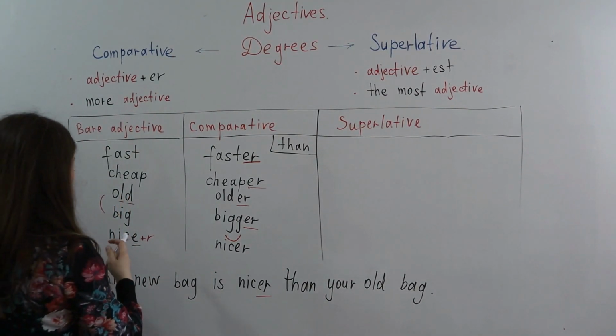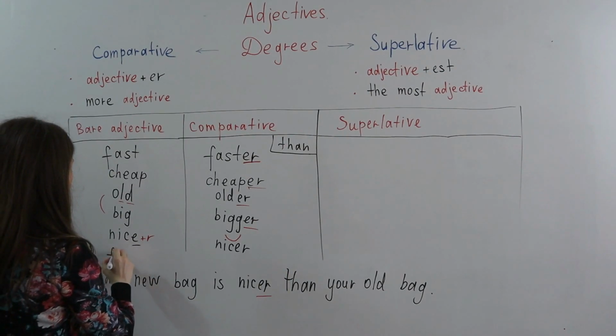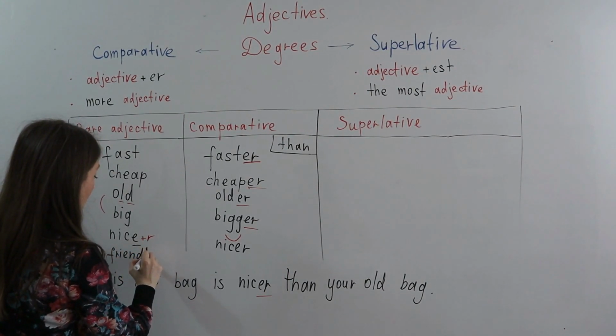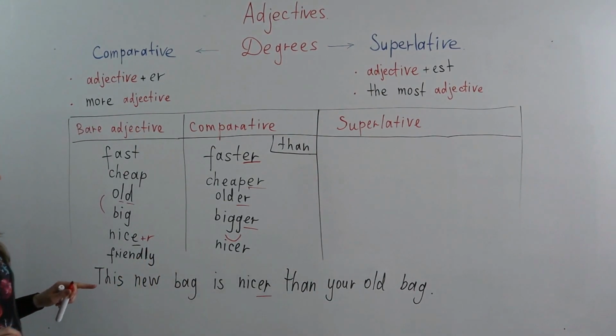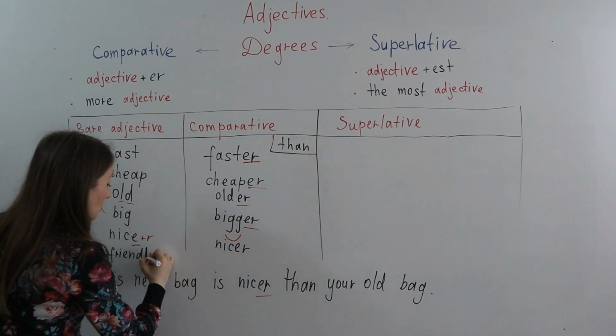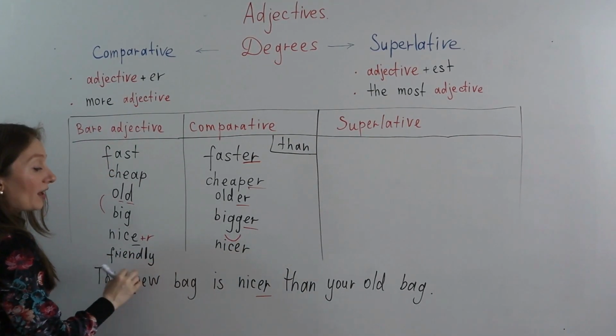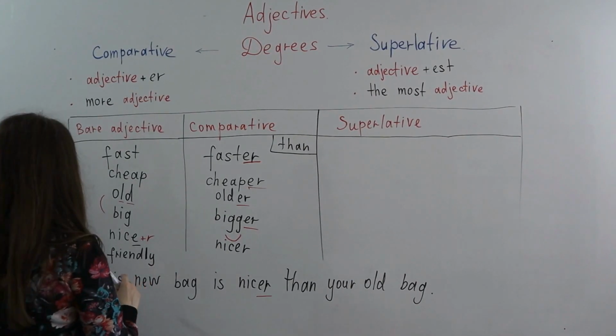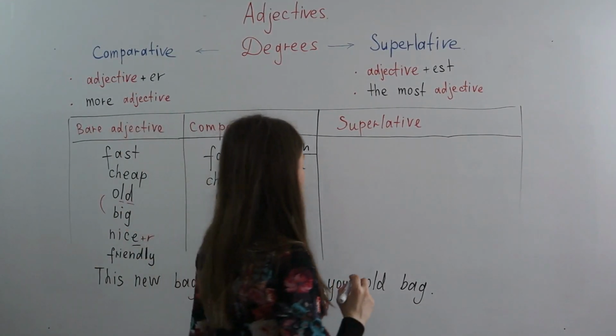Friendly. So as I told you, you can translate it if you don't know the translation. Friendly, friendly. So it's about character maybe, right? You see that at the end we have Y letter. So if you have Y letter, let me explain it here.